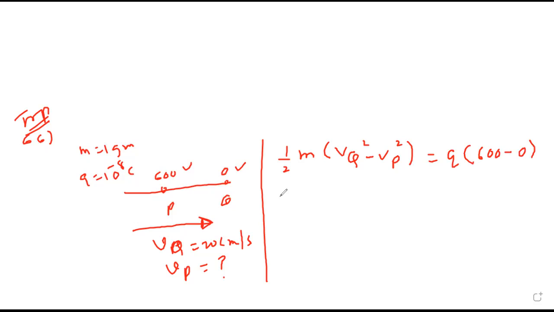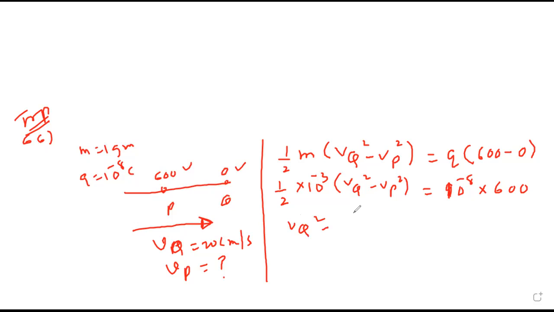Now half m, m is 1 gram, so 10 raised to minus 3 kilogram. vq square minus vp square will be q. q is 10 raised to minus 8 into 600. Charge into voltage is called kinetic energy. So we can say therefore vq square minus vp square, 2 goes to that side, 1200 into 10 raised to minus 8 upon 10 raised to minus 3.